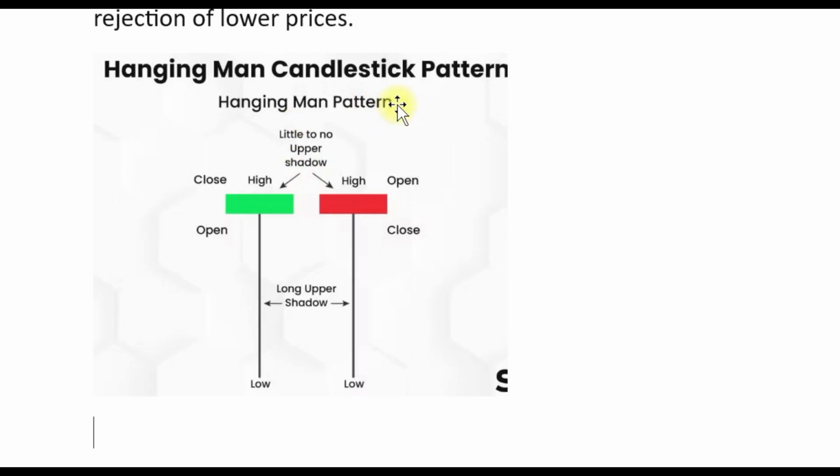It has a small body with a long lower shadow but negligible or no upper shadow. If it is formed in an uptrend, then the price will come down.